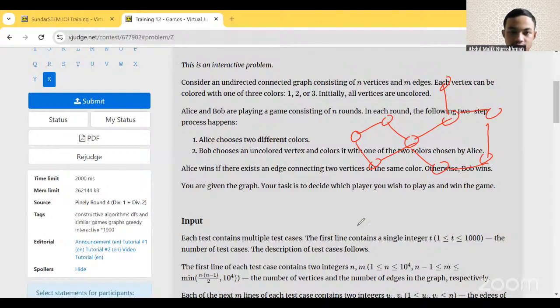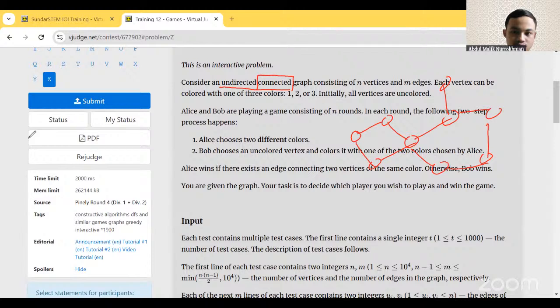The graph is undirected and connected, and the graph may have some cycles. It is guaranteed the graph is connected.